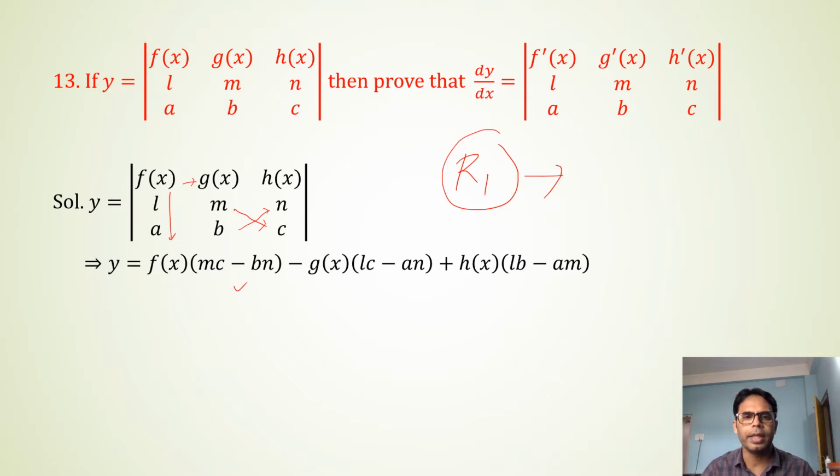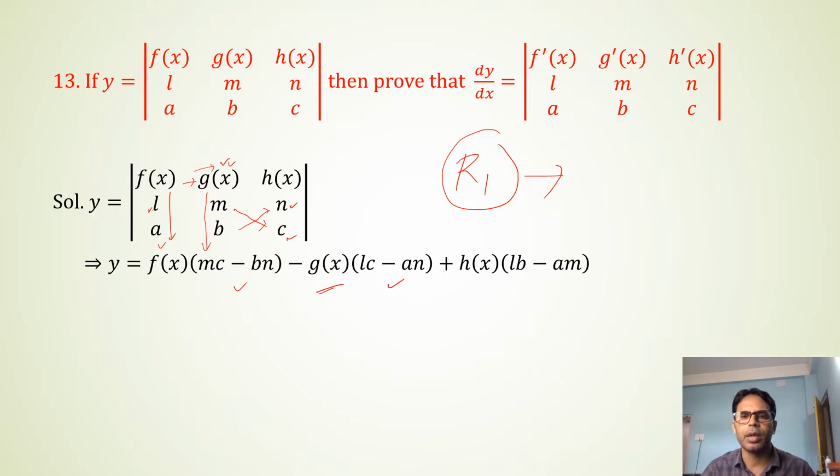Then compulsory minus, now multiplying with z(x). So you write z(x) here into, now just remove or eliminate the column and the row having z(x). So we have the terms now l, n, a, c. So we'll get lc minus an. So I am writing here lc minus an.